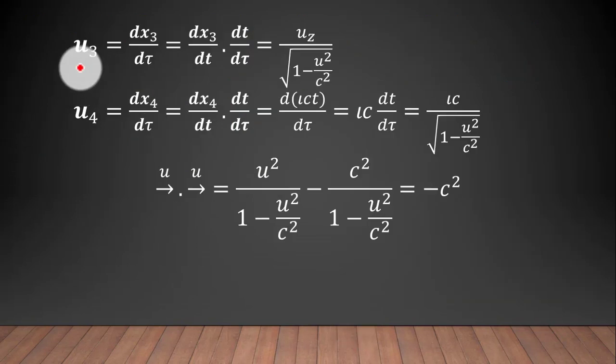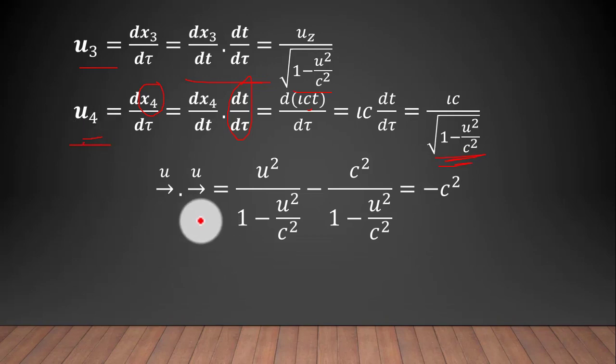In a similar manner, u3 will be defined as dx3 over d tau. You can derive it on your own. And u4, as you know, dx4: x4 has the value iota ct. So writing it like this, dx4 by dt and its product with dt by d tau. dt by d tau has the value 1 upon the square root of 1 minus u square over c square, and the value of dx4 will be d of iota ct. As c is the velocity of light, which is constant, iota c will come out and it will become dt over d tau. So substitute the value of dt over d tau and you will get this value.